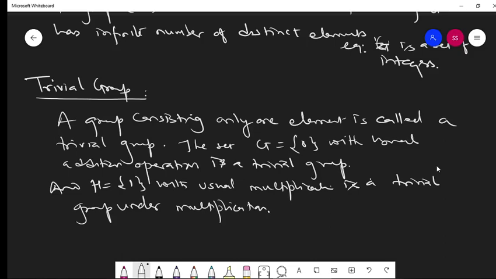So for the above groups you can define addition or multiplication, and you can check that.